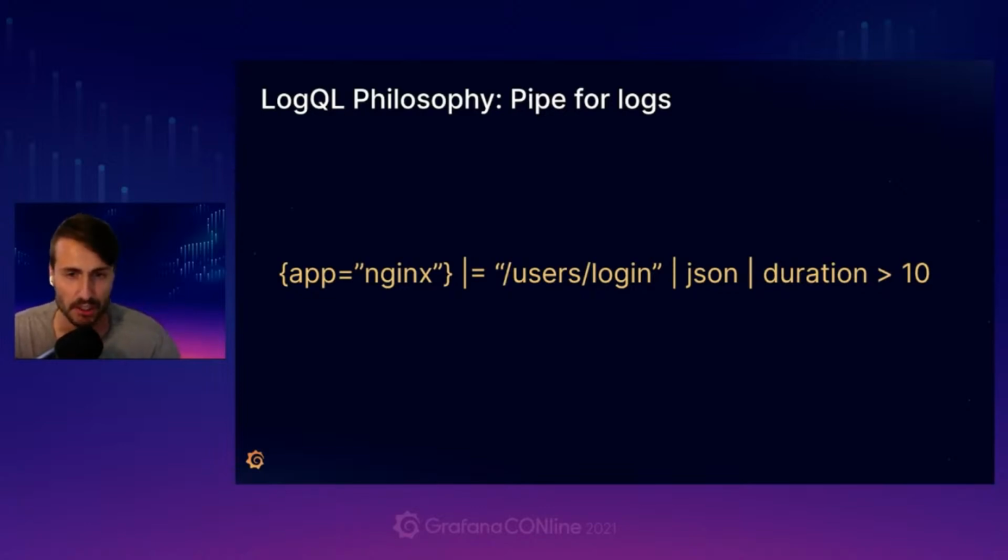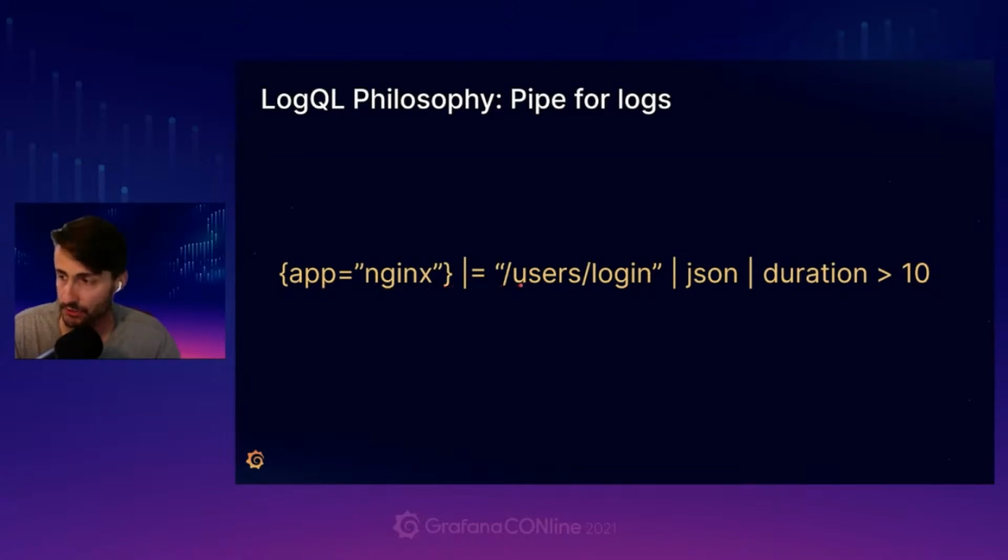It works a bit like if you were using a Linux command line tool and you can pipe multiple commands. In fact, it's like a pipeline. Your data goes through from left to right and it gets filtered and mutated along the way. For example, on the screen right now, you can see that we're going to select all the logs that are coming from the application NGINX using the label matcher here.